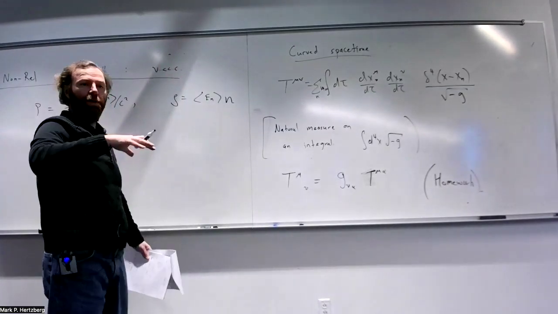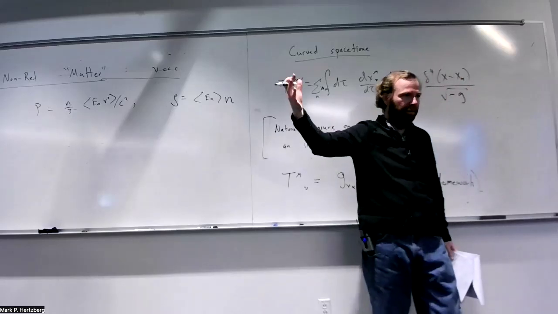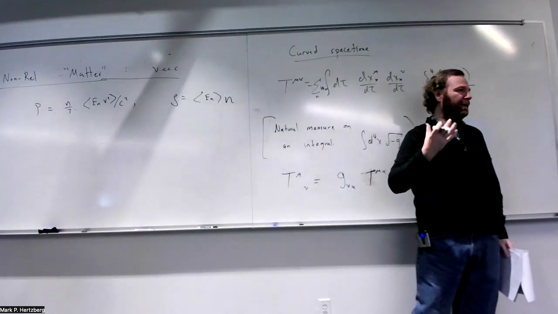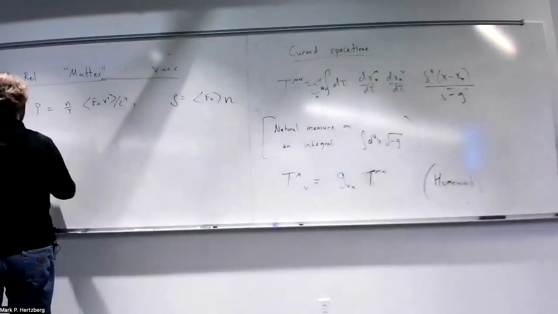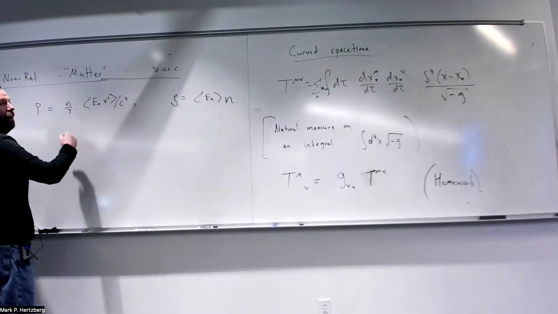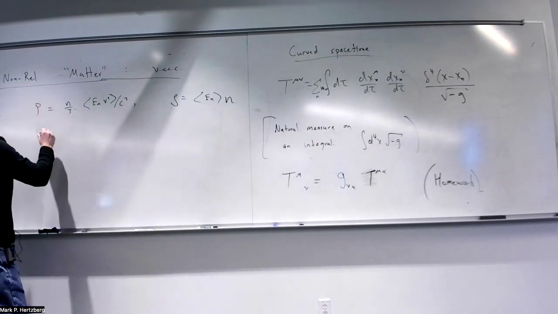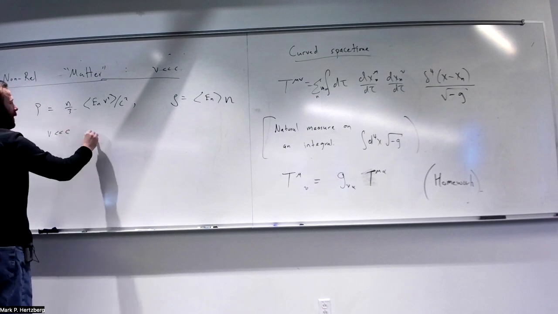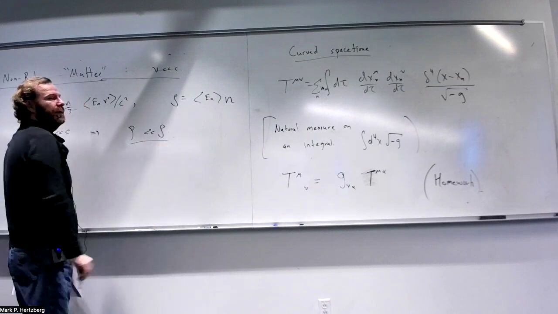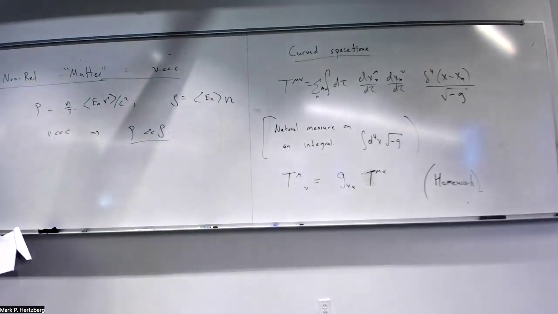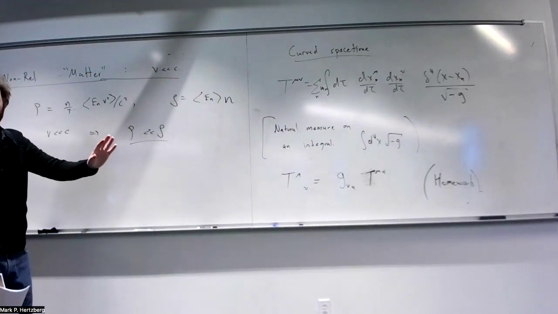So the peculiar velocities, the velocities of the stars in the galaxy, not the Hubble flow, are small compared to c. Then this pressure is basically v squared over c squared, and even a factor of a third smaller than rho. So v much less than c implies P much less than rho. And so for such situations, you can see the T mu nu collapses once again to rho and a bunch of zeros.